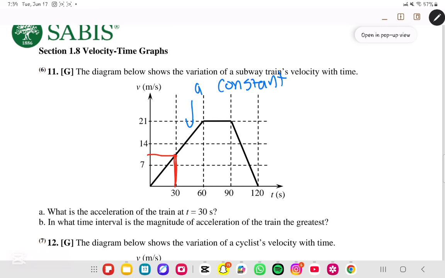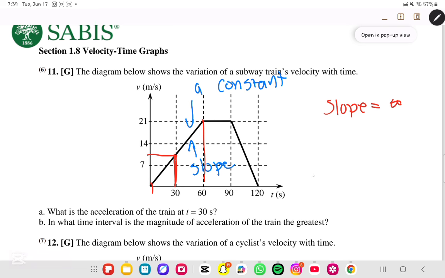Because the acceleration is constant, we can find the slope of the line, and the slope is equal to the acceleration at all points until here. So from 0 until 60, it's a straight line. That means the acceleration is constant. So let us find the slope of this line.